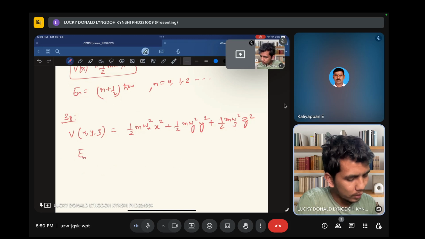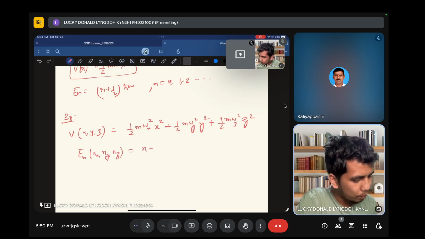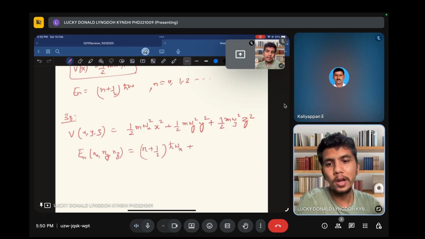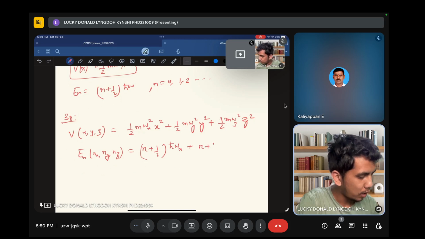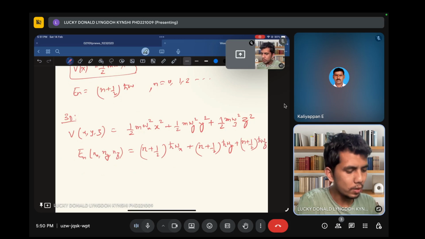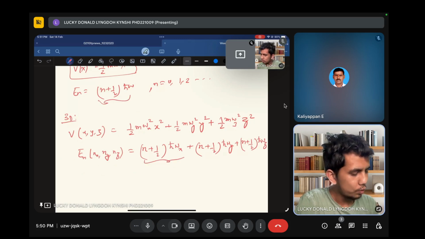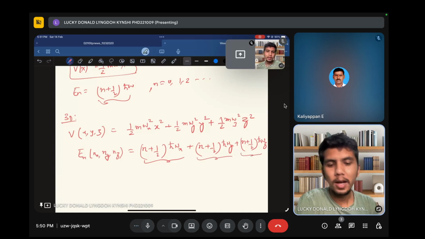The energy E of nx, ny, nz will be (nx plus half) h cross omega x, plus (ny plus half) h cross omega y, plus (nz plus half) h cross omega z. Just like in one dimension E is equal to (n plus half) h cross omega, here we have 3 terms corresponding to the x term, y term, and z term.